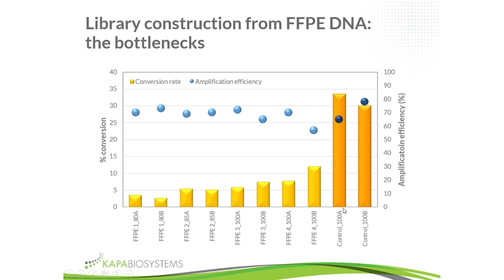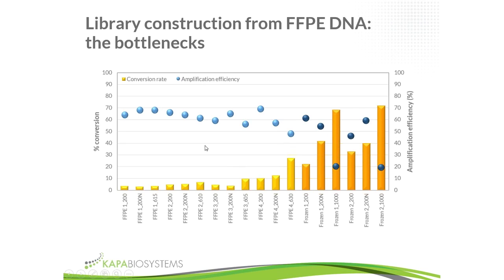So the conversion rate for good quality DNA was in that range of 15 to 40%, actually much closer to 30% in this experiment, but much lower conversion rates for FFPE DNA. In this case, amplification efficiencies were about the same across the samples, but we again saw that little effect sometimes of decreasing amplification efficiency with increasing input.